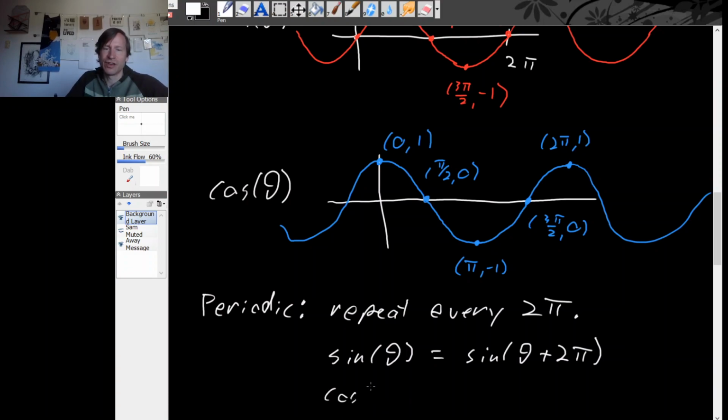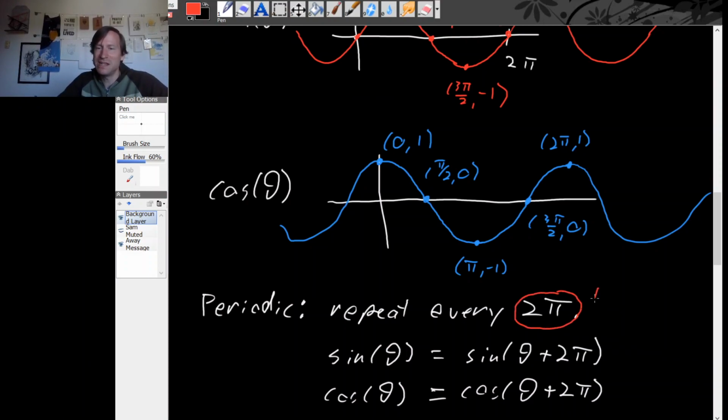And also for cosine. Cosine of any angle, if you compare that to cosine of that same angle plus 2 pi, it's the same. So both sine and cosine repeat every 2 pi. They're periodic. How long it takes them to repeat is called a period. So the period of sine and cosine is 2 pi.